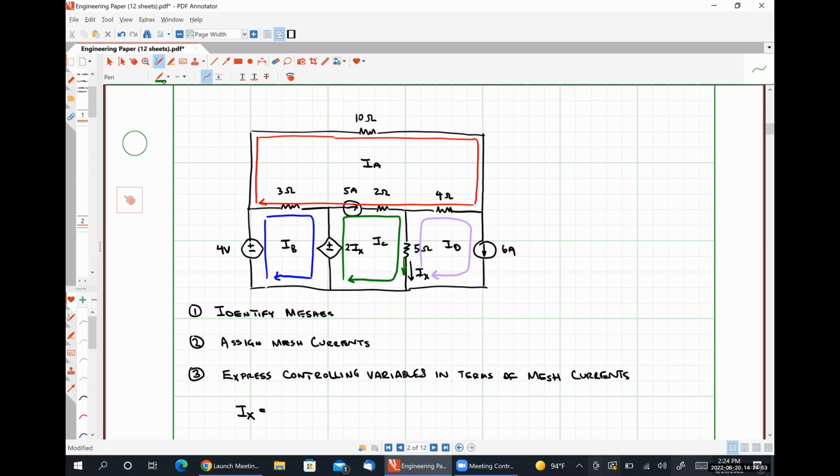When ID is flowing through the 5 ohm resistor, it's flowing up, opposite the direction of IX. So it should be receiving a minus sign. So we should have IX is equal to IC minus ID.